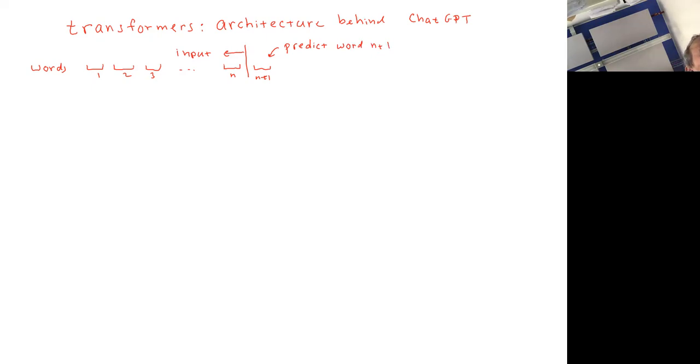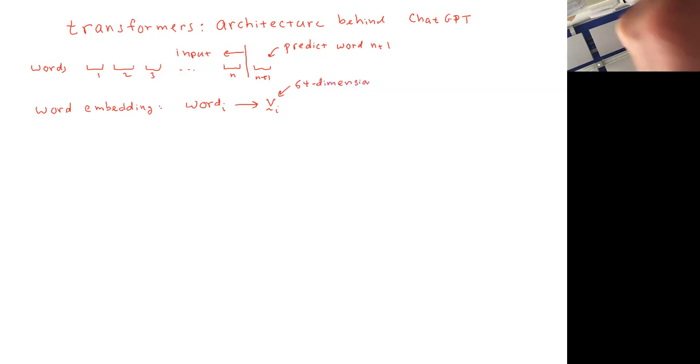First of all, you have to encode the words. It turns out there's something called a word embedding. Been around for a while. Any particular word sub i basically gets transformed to some vector, v sub i, which is, I think, 64D. I could be wrong, or maybe it's 128. It's some sort of high dimensional vector, I'm not really sure.